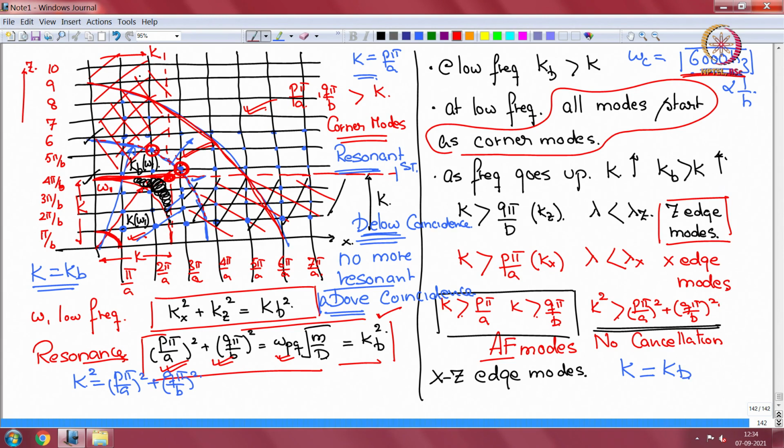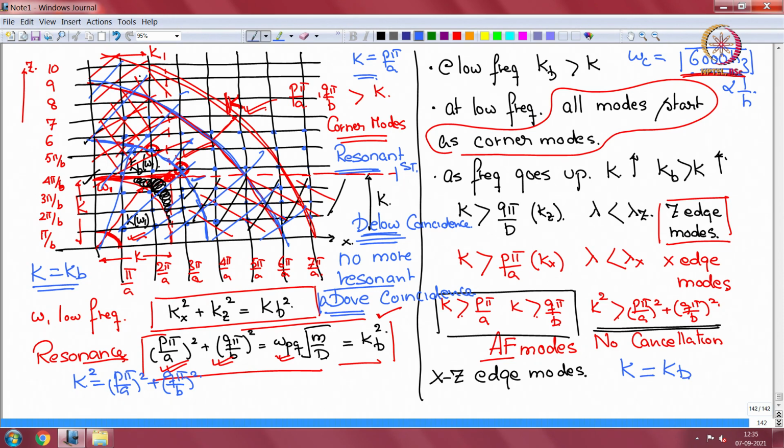Okay, and beyond that what happens is that you will have K going faster, K starts to overwhelm, the K circle starts to overwhelm. So those modes below the K circle are all above coincidence. So all these modes will be above coincidence. So suppose K has moved here, okay, and KB, the plate quarter circle, is somewhere over here, then all these modes are first of all above coincidence, and then some of these modes are resonant also.